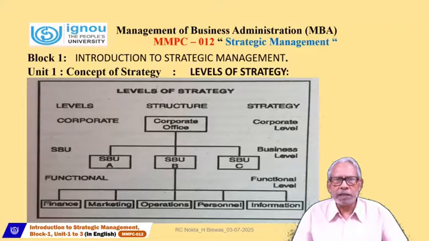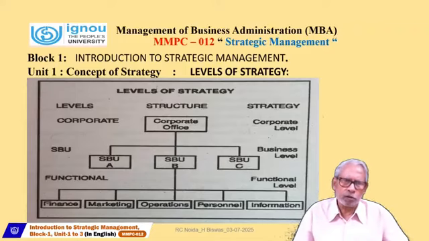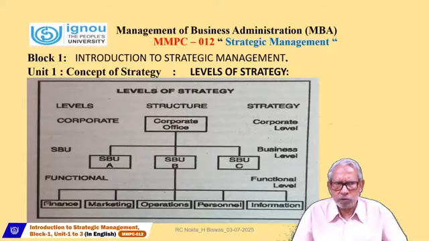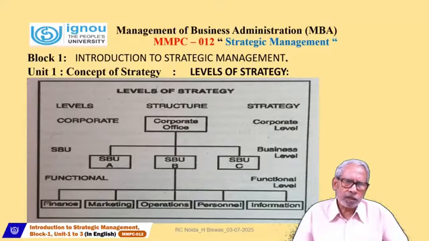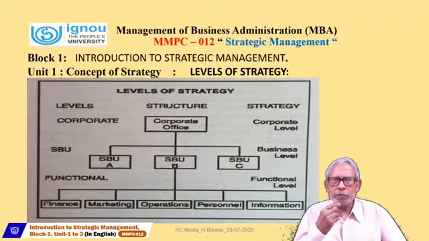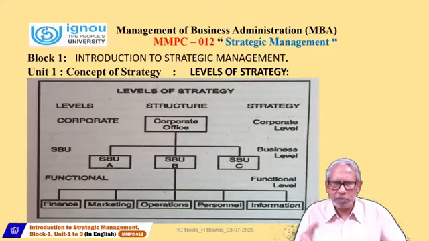Now, there are levels of strategy as we tabulated. This is the way the levels are there. The first layer is your corporate level. The second row is your SBU, business unit. Then the last is your functional level. So there are 3 levels, or operation levels we can say. The corporate level has corporate offices, as per the structure.